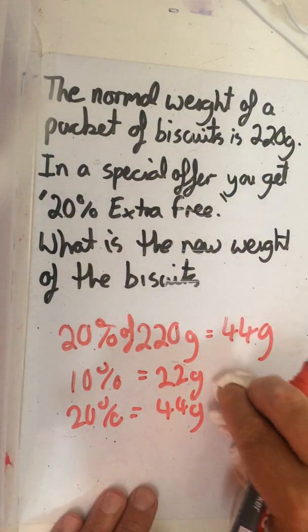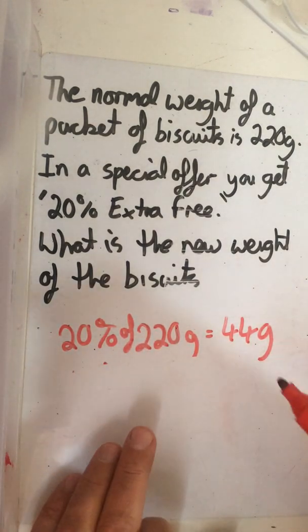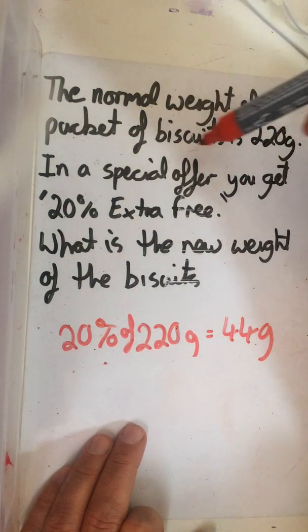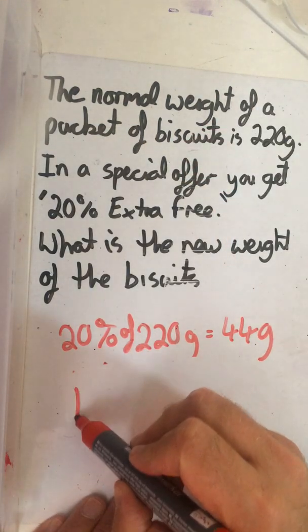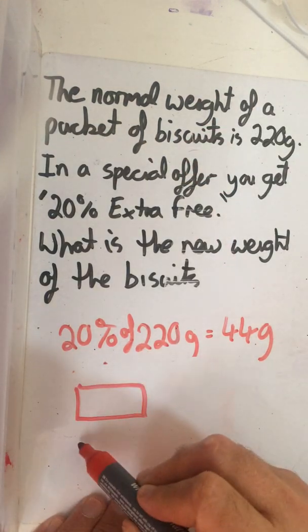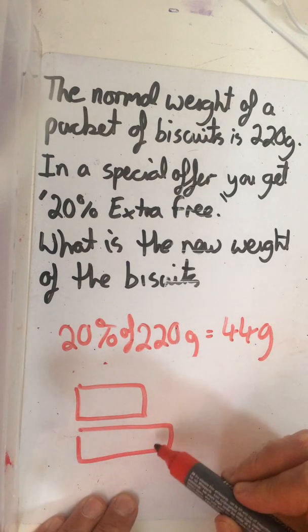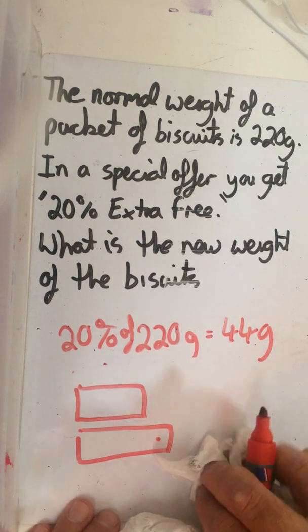Now, that isn't our answer. 44 grams is not our answer, because in a special offer you get 20% extra free. So that's our original size packet of biscuits, and because you get extra free, it's going to be bigger than your original packet, isn't it?